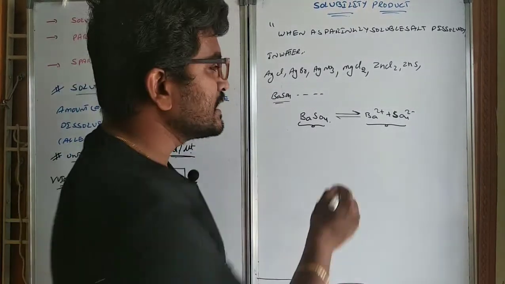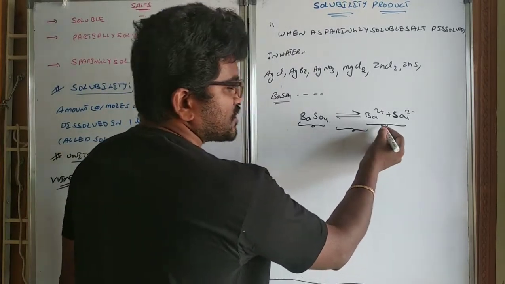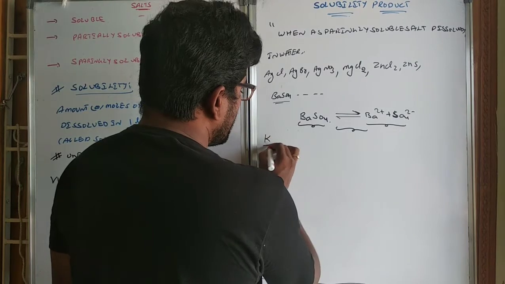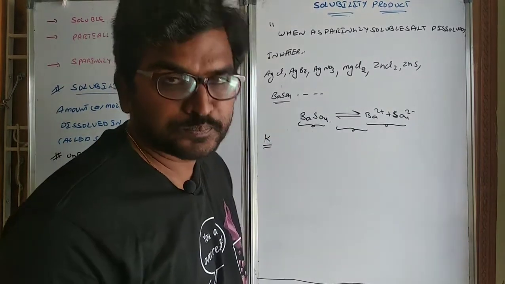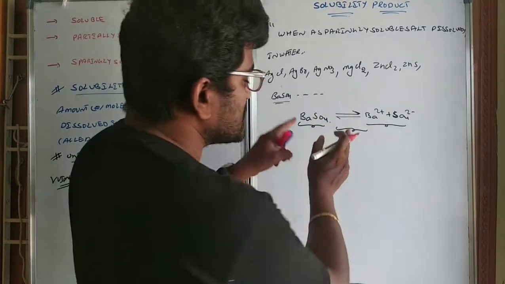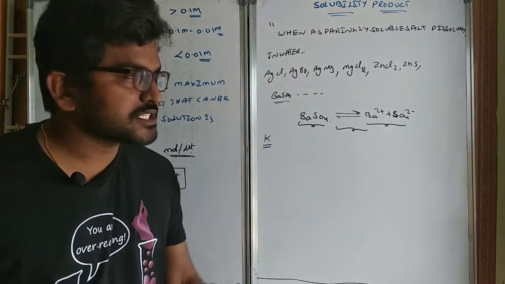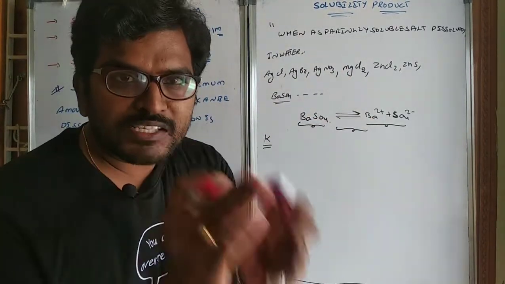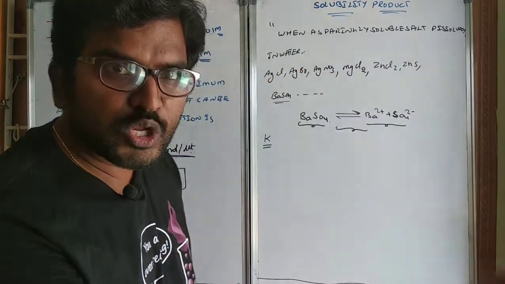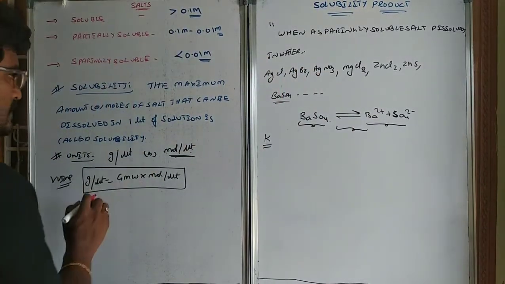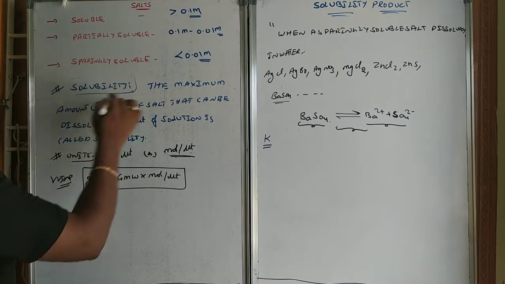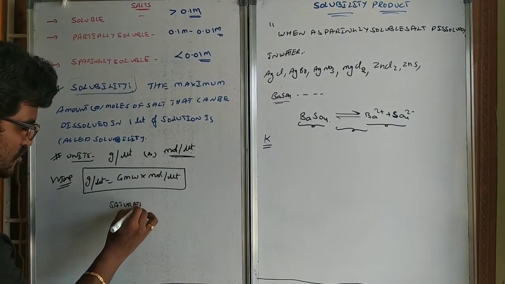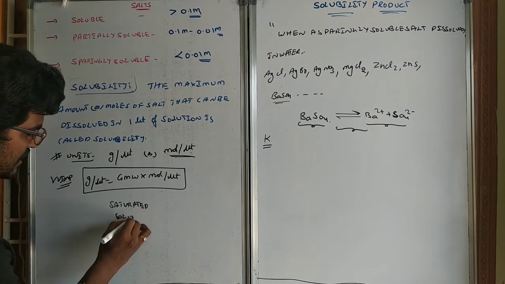Since there is equilibrium between the dissolving and combining reactions, it will have an equilibrium constant. Since it forms a reversible reaction, these salts are sparingly soluble. When a sparingly soluble salt is dissolved in water up to its maximum capacity, that is known as a saturated solution.